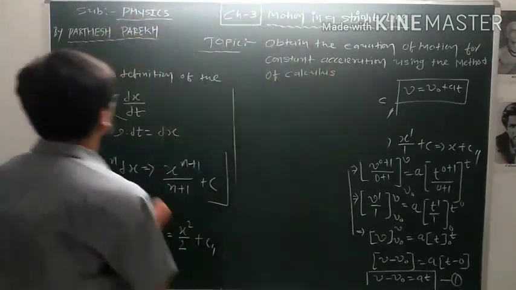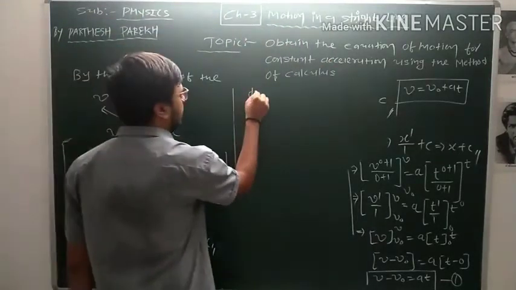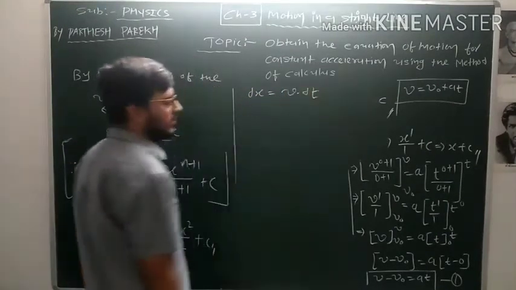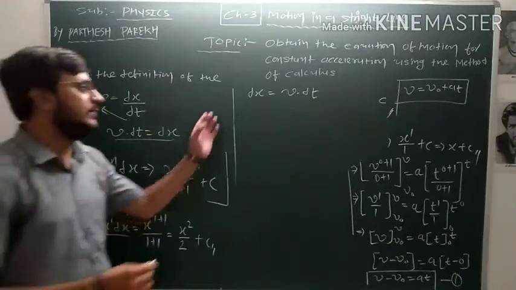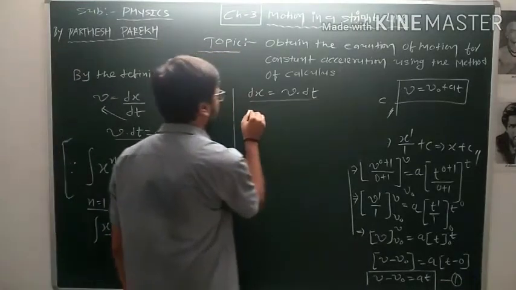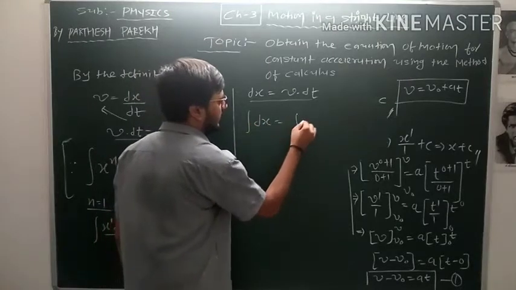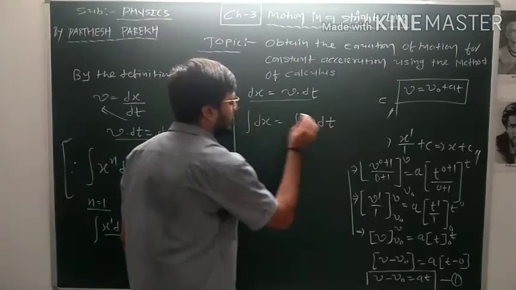Now rearranging this term, we can write dx is equal to v into dt. Now we integrate both sides of this equation: we integrate dx, and we integrate v into dt.